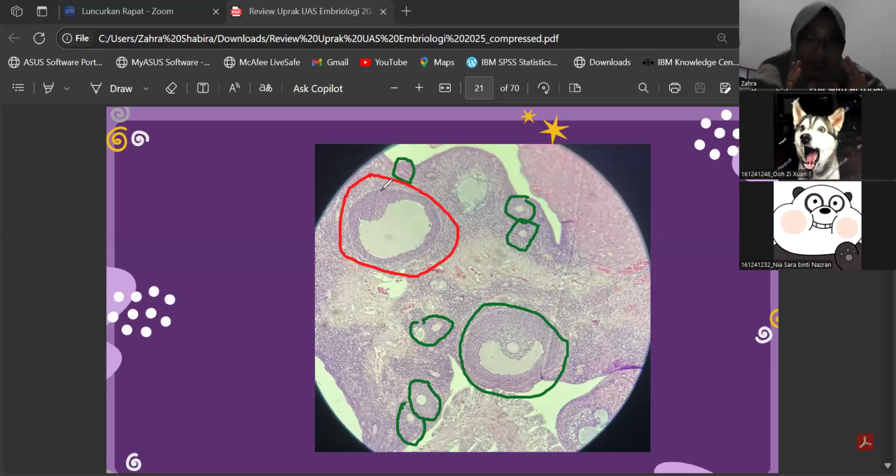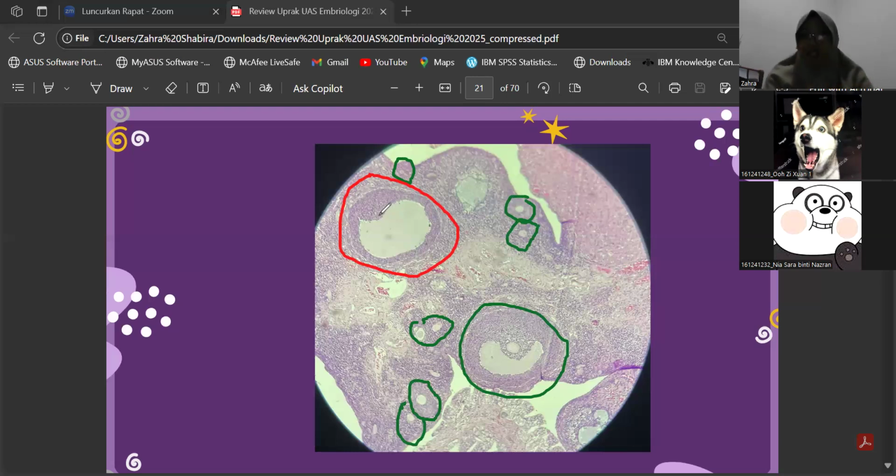But if there's no oocyte in this follicle, what are you going to answer? What is the name of the dead follicle? Recall again, rewind again. Atretic follicle. Yes, atretic follicle. So the answer is according to what you see in this picture. If there is no oocyte, answer atretic follicle.